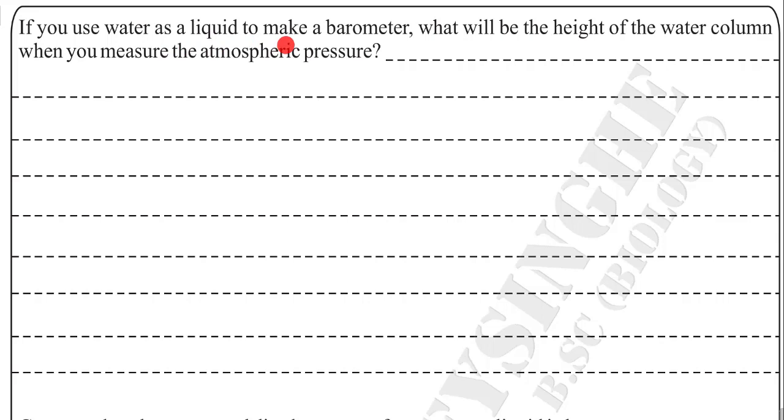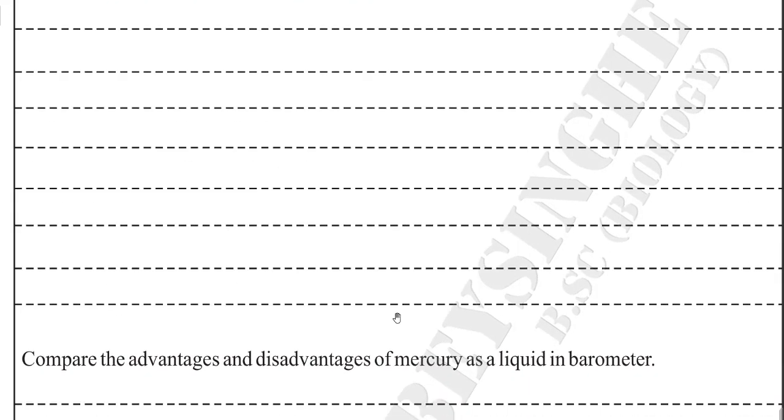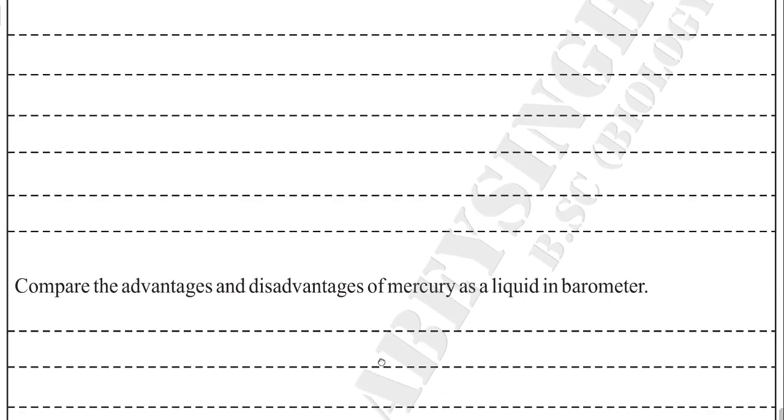If you use water as the liquid to make a barometer, what will be the height of the water column when you measure the atmospheric pressure? Try to do this, children, as homework. Again, I will explain it.